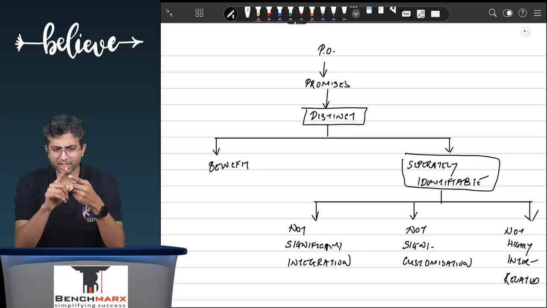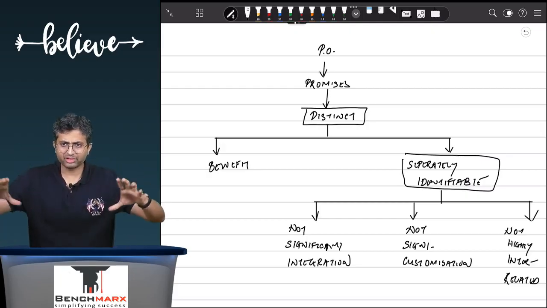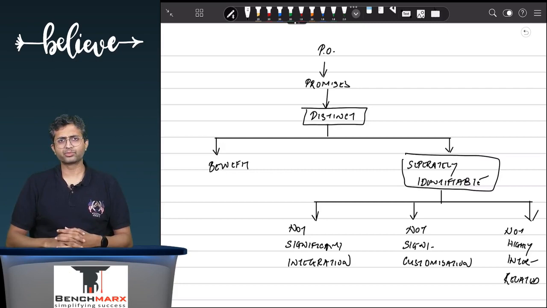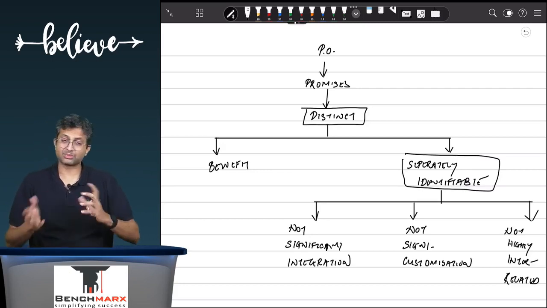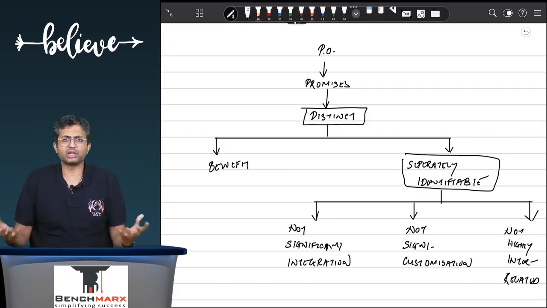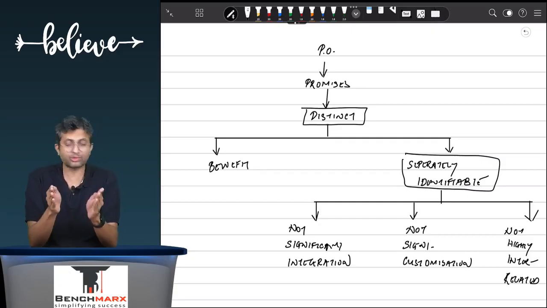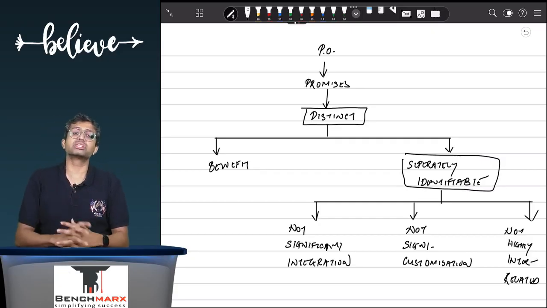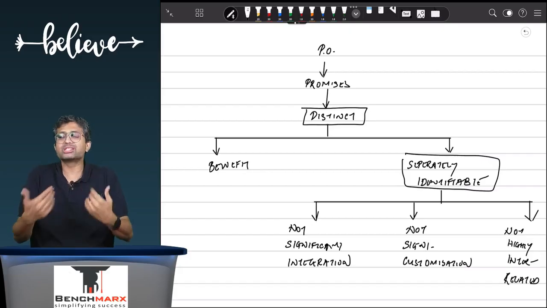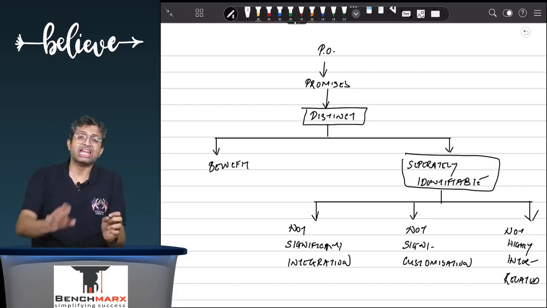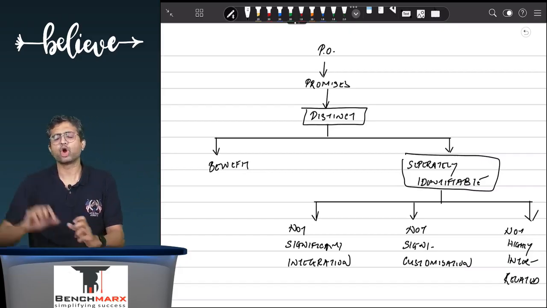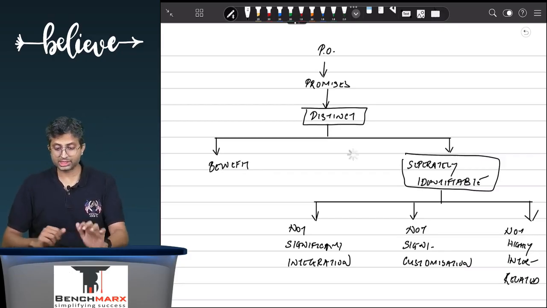Is newspaper of day 2 a part of a significant integration exercise with day 1? No. Is newspaper of day 2 customizing newspaper of day 1? No. Are they highly interrelated? No. In which case newspaper of day 2 is distinct from newspaper of day 1, and you have 365 different promises. However, because these promises are largely similar to each other, it is considered to be a series of performance obligation which is considered to be distinct.